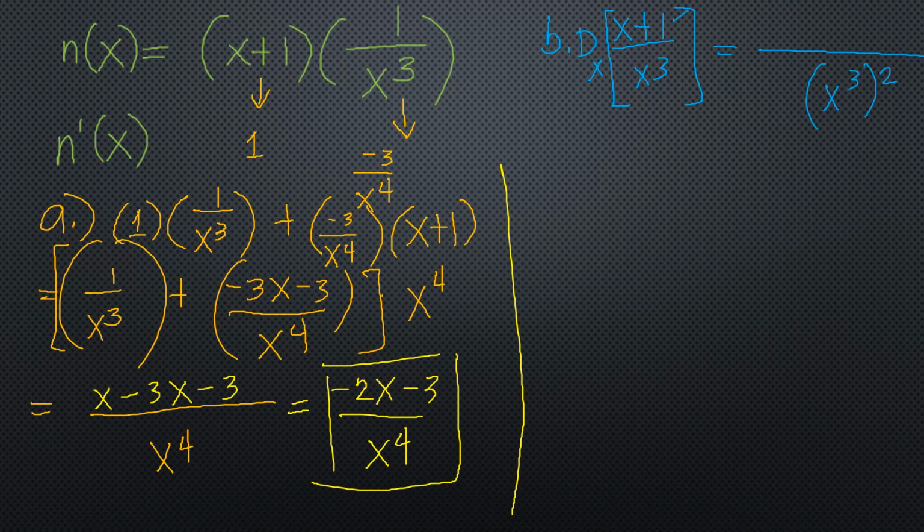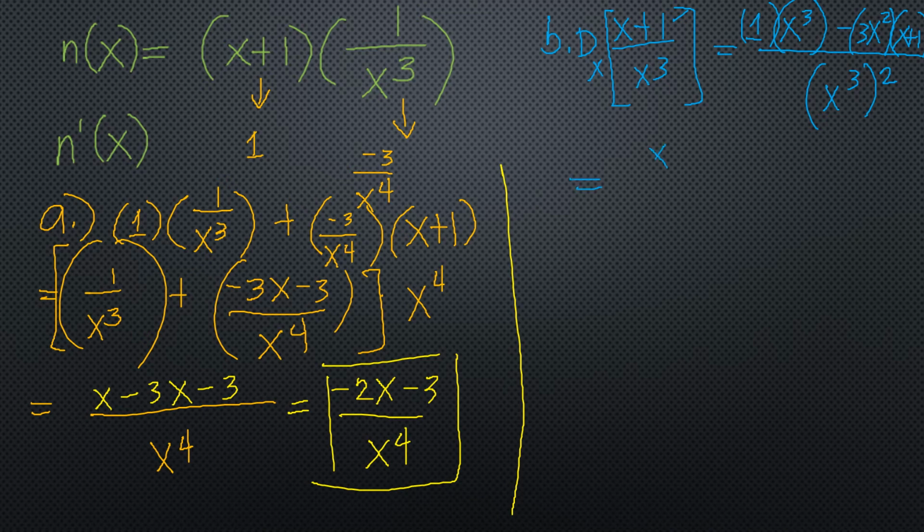We start from the derivative of x plus 1, which is 1, multiply that to the denominator x cubed. The derivative of the denominator x cubed is 3x squared using the power rule. Now multiply that to the numerator x plus 1.